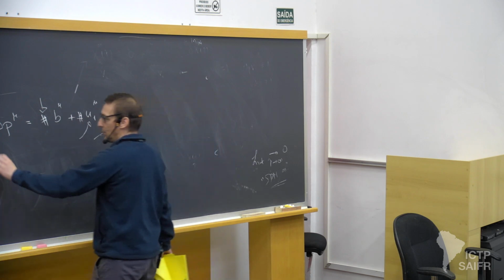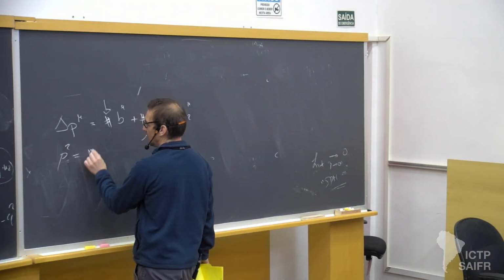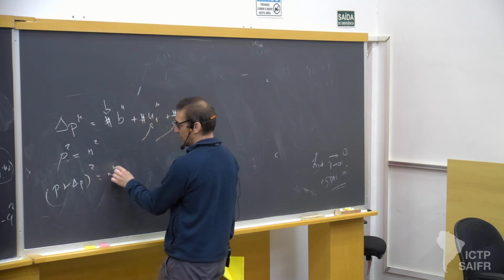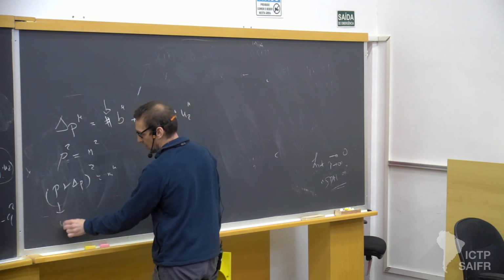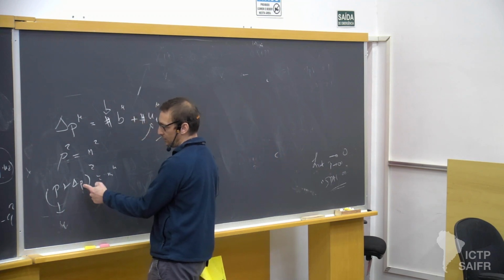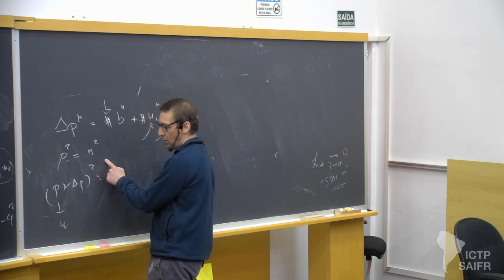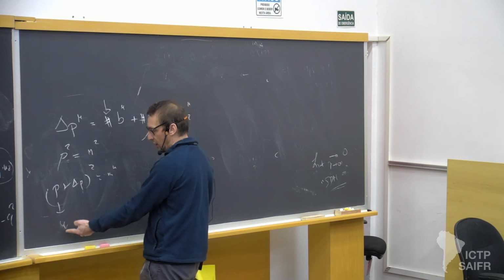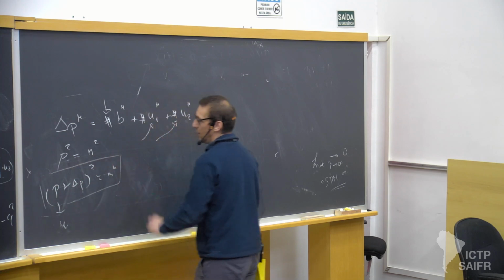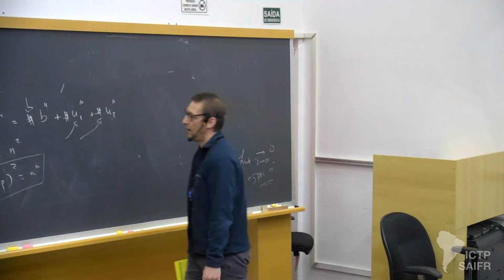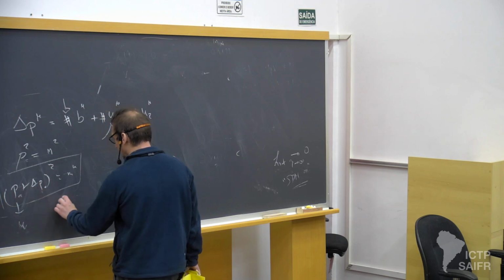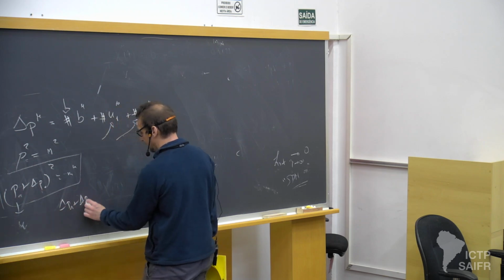But because p squared is m squared, which means p plus delta p squared is m squared, and this starts with u, you can get the u component from the b component, because delta p u will be delta p squared, and it will start in the next order. So you can always get the u components of the conservative part, in which also delta p1 plus delta p2 is 0.